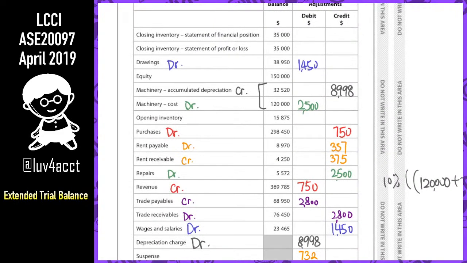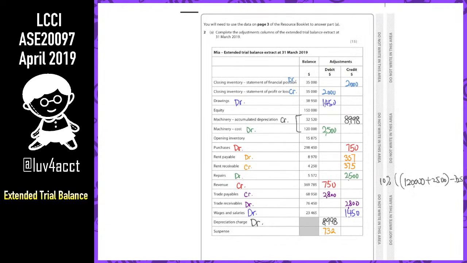So closing inventory, statement of financial position, debit, and then statement of profit and loss, credit. We have to reduce again, so go to the opposite side of it. Okay, so it is done. 15 marks, easy marks for you. I think all these 7 items are quite basic.